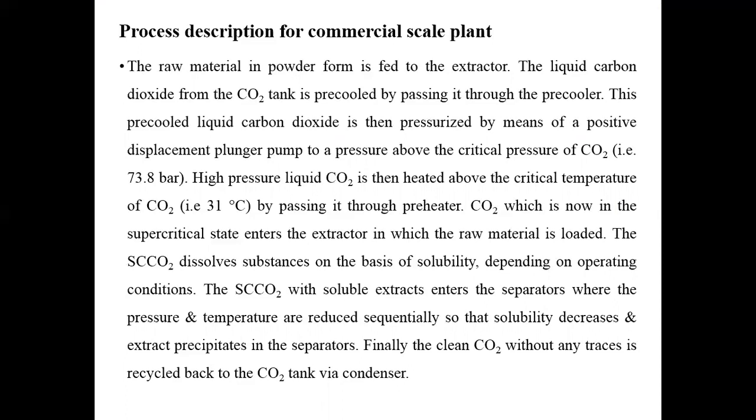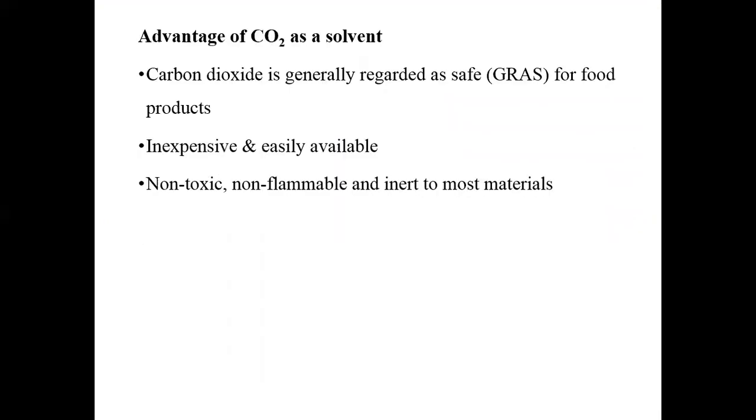The supercritical fluid with soluble extract enters the separator where the pressure and temperature are reduced sequentially so that solubility decreases and the extract precipitates in the separator. Finally, the clean CO2 without any traces is recycled back to the CO2 tank via a condenser.